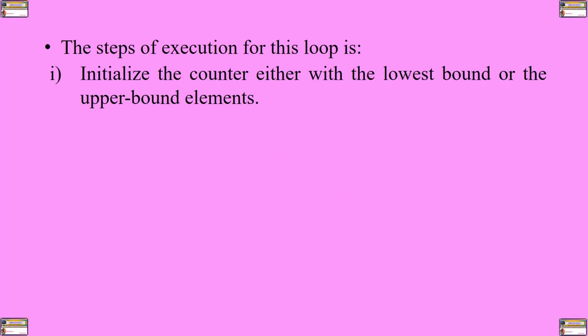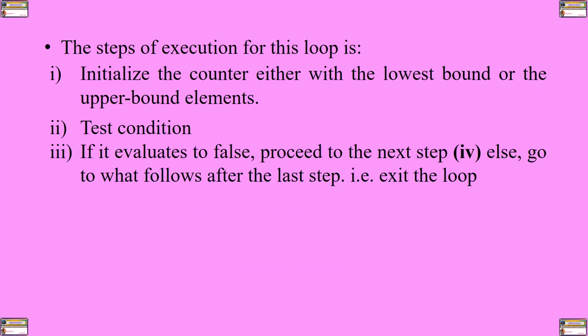Once you are done initializing the counter, the next activity is to test the condition. If the condition evaluates to false, we proceed to the next step. Otherwise, if it evaluates to true, we go to what follows after the last step.